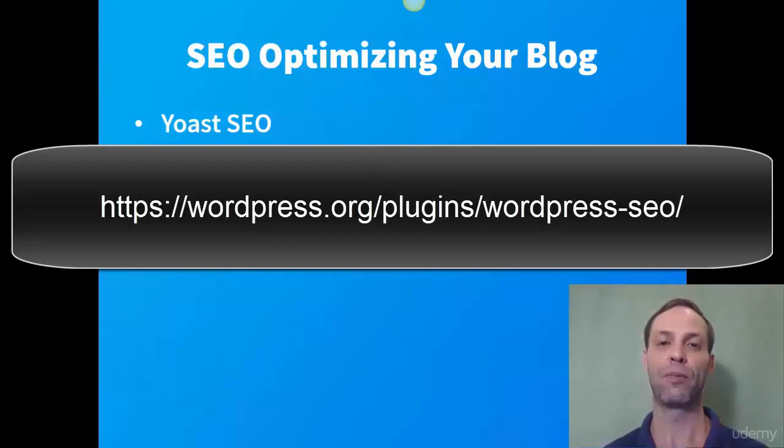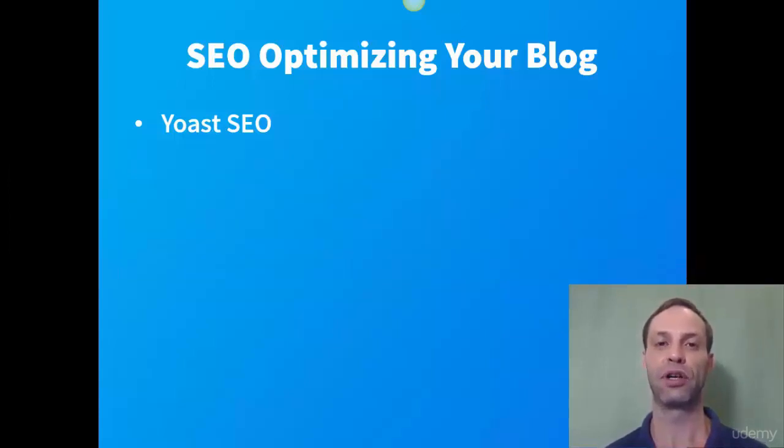Also, when you sign up with Yoast SEO, they will give you an option of giving your email for an SEO checklist, and I highly suggest getting that checklist from Yoast and then going through it. Go through all of the items, and each of the items is pretty easy to follow, but there's a lot of different things that you have to look at to make sure your blog is SEO optimized.